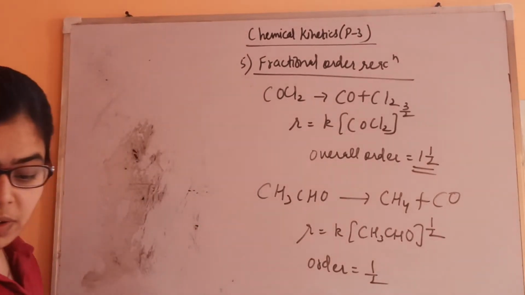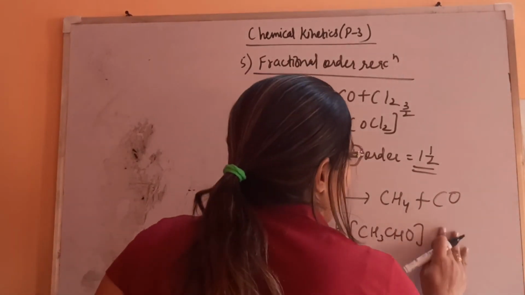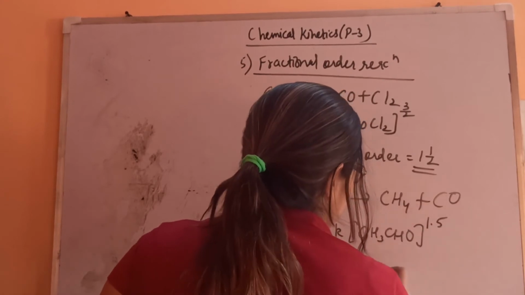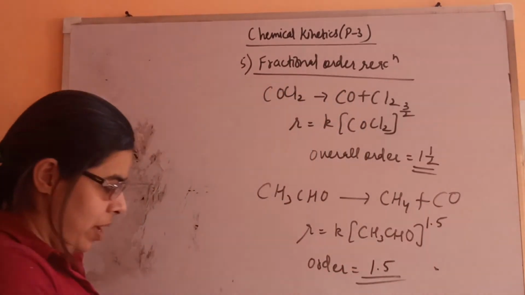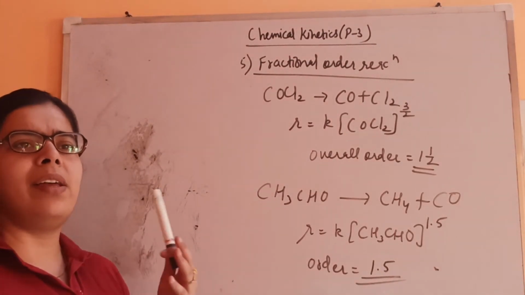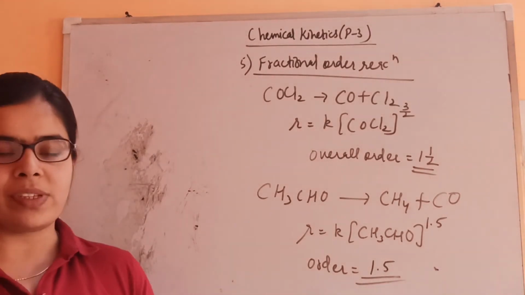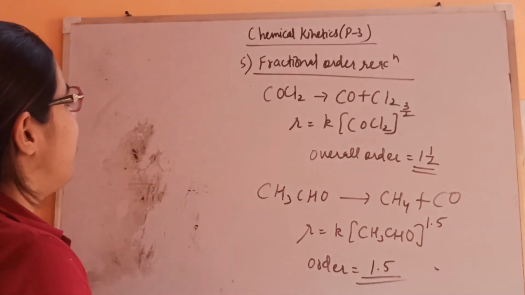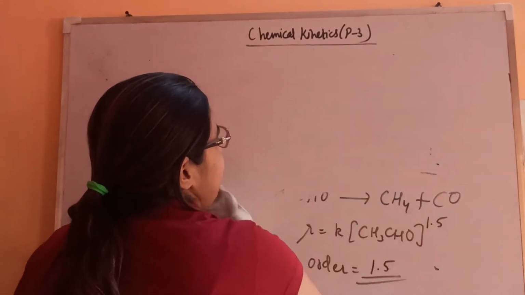Sorry, it's 1.5, not half. Overall order is 1.5. So these are certain examples that we have seen of first order, 0, second, third and fractional orders. Fine, so you just learn two examples from each because a direct question will come in the exam. They give the example of this order and that order, so you should know the examples in that case.